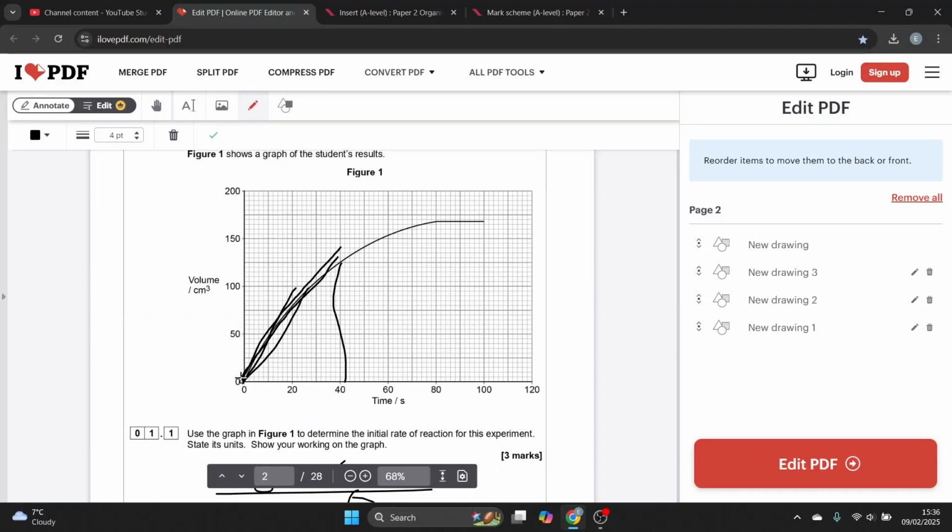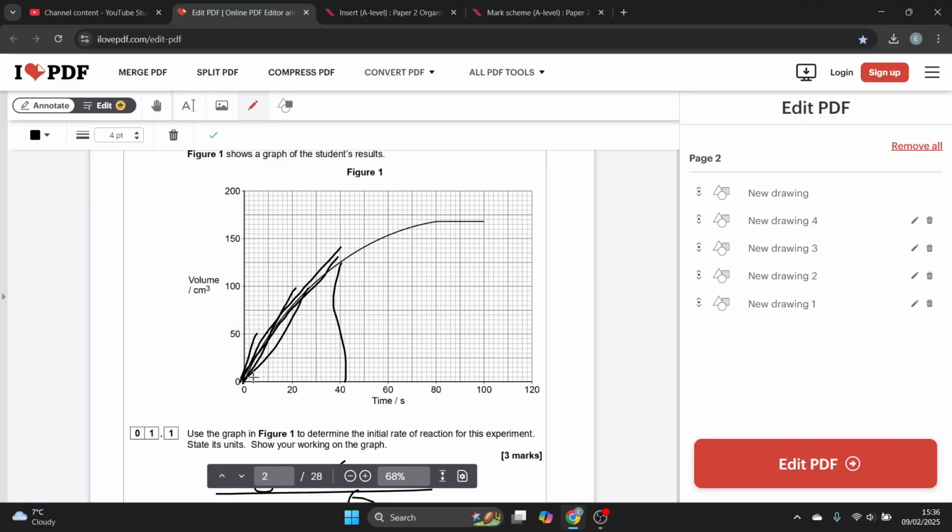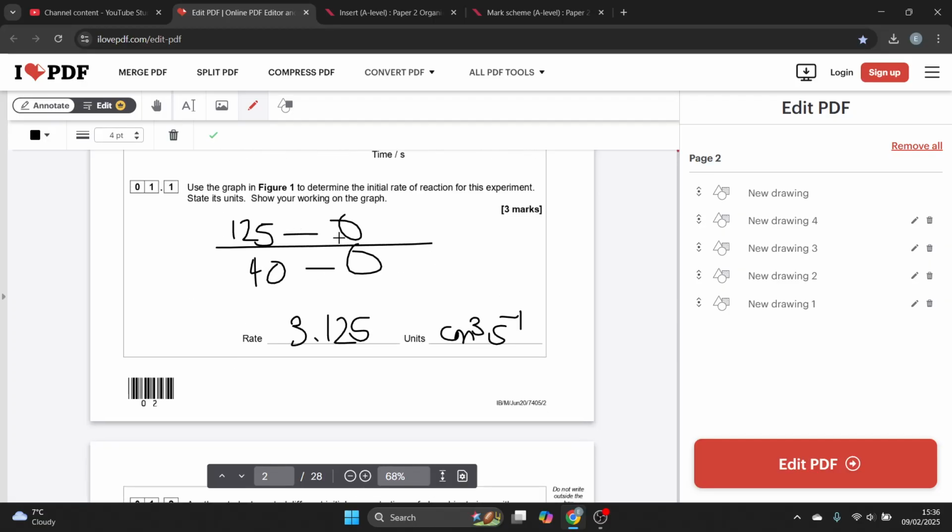So let's try it again. Tangent drawn at 0. The reason, obviously, is that in the exam it would be way easier to draw a straight line on paper compared to on a screen like this.